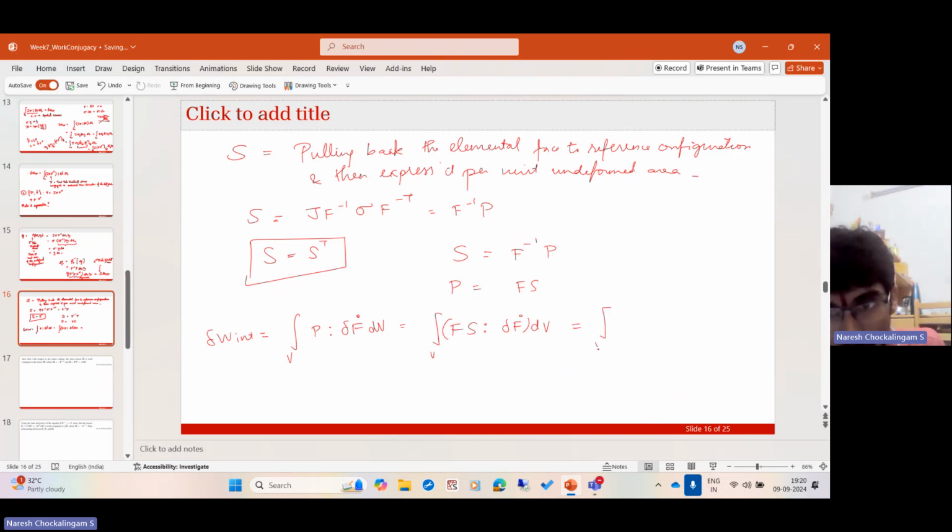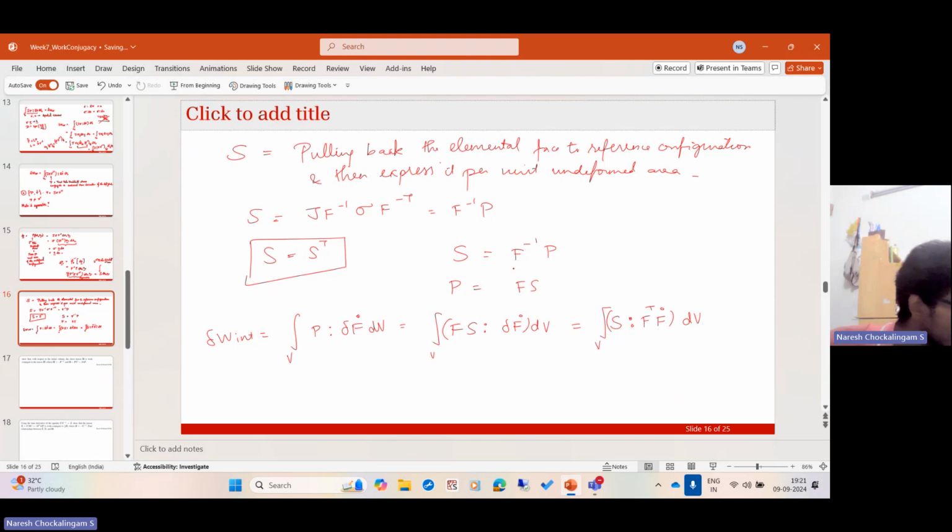You can show, again, expand it in the initial notation and then make some simplifications. You can show that this is nothing but S contracted with F transpose F dot dV. But what is F transpose F dot? We'll see.